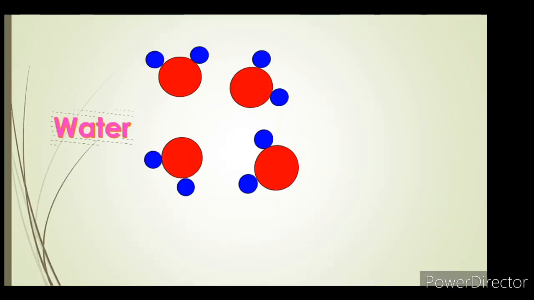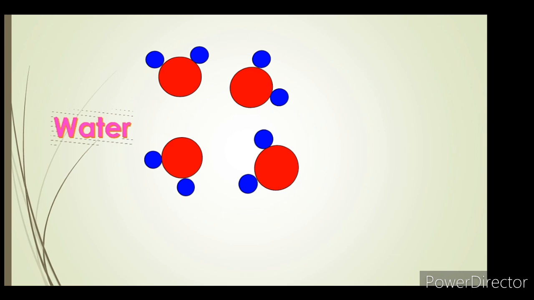Now, let's try to find out using illustrations and identify whether these are elements or compounds. Number 1, water. This illustration is a compound. Since this is composed of two colors, red and blue, signifying hydrogen and oxygen.